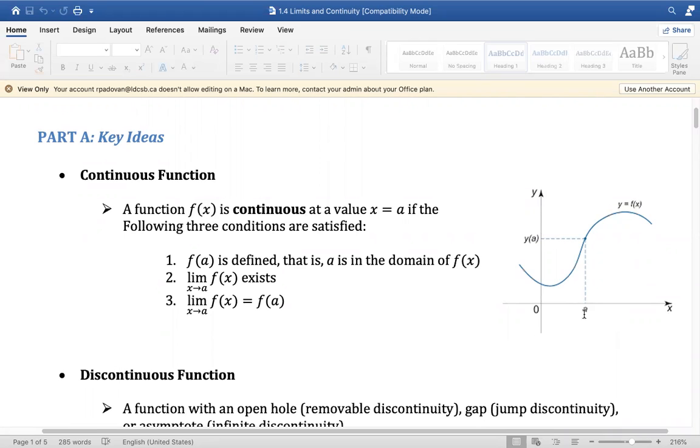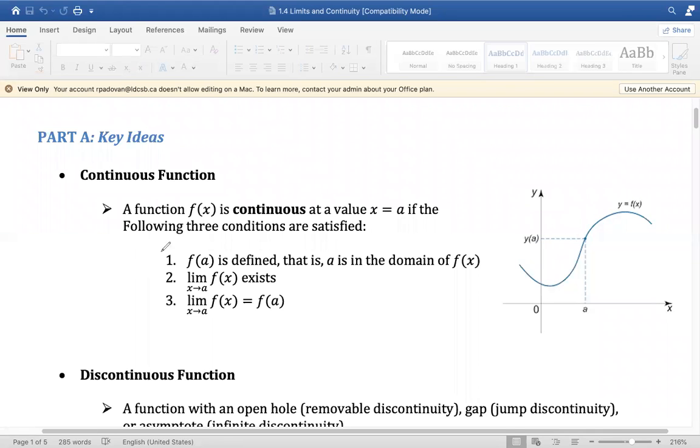The first is that the y value, f of a, is defined. That is, a is in the domain of f of x. So if I'm looking at the a value, is there a solid dot at that a value for my y value? For example, it's not an open hole. Let's write this down here.